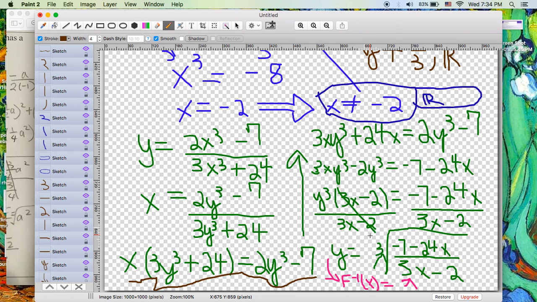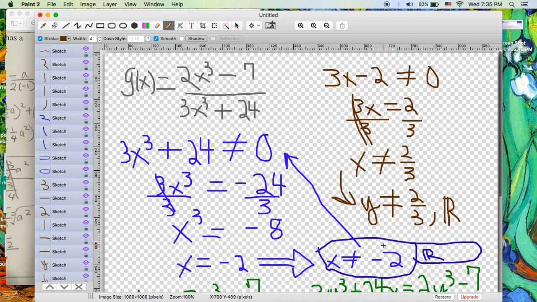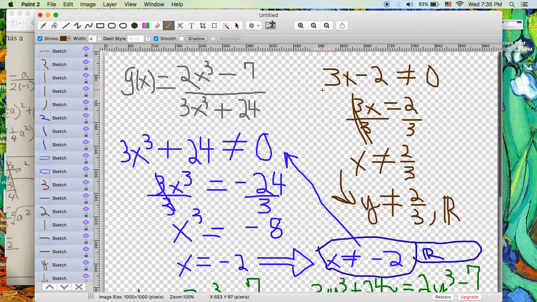Like I said before, in rational functions where there's a fraction, you're looking for places where x would make the denominator 0, because that is the value you need to exclude. So you take 3x minus 2, and say that it cannot be 0. You add 2 to the other side, and you get 3x cannot equal 2, and then you divide by 3 on both sides, and you get x cannot be 2 over 3.